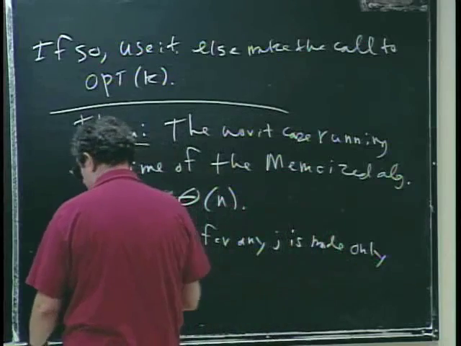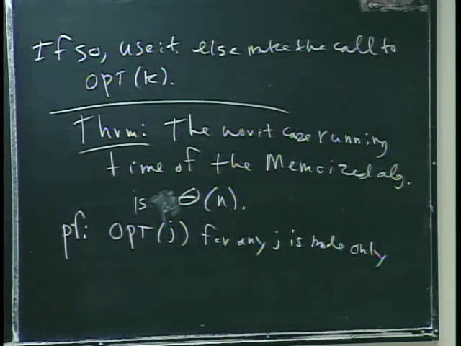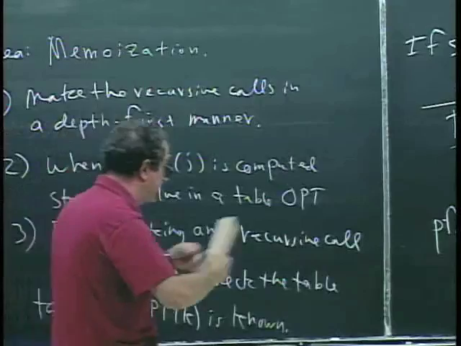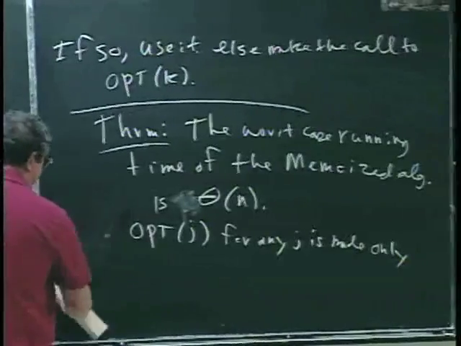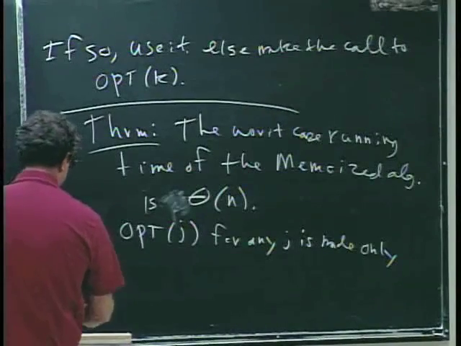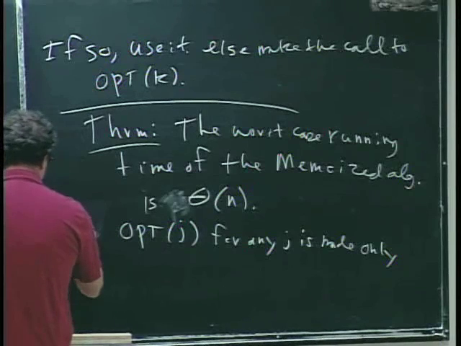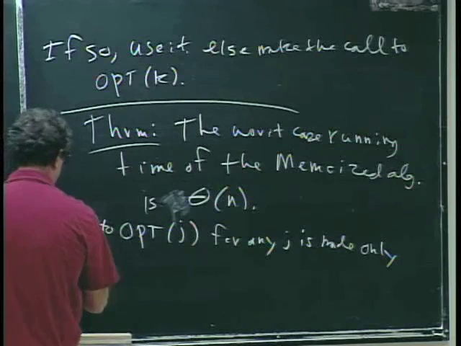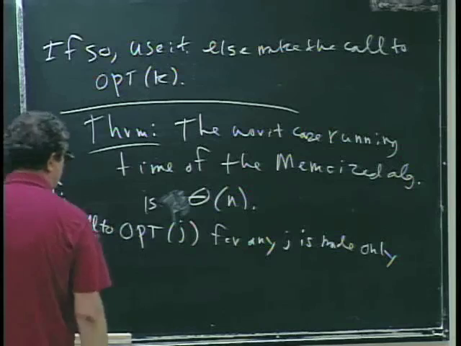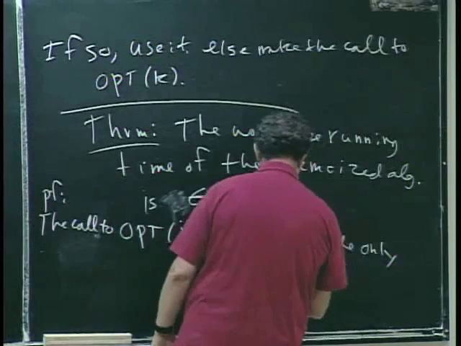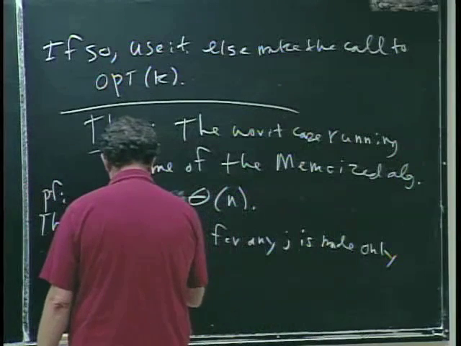Or the call to opt j, the recursive call, where you're actually going to go in and do the computation, for any j is only made once.